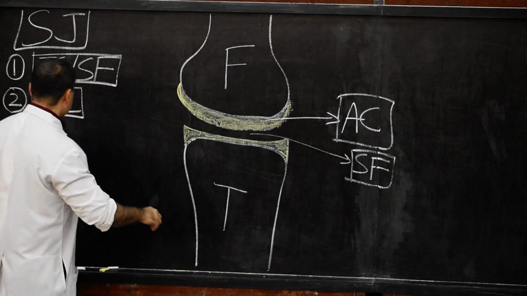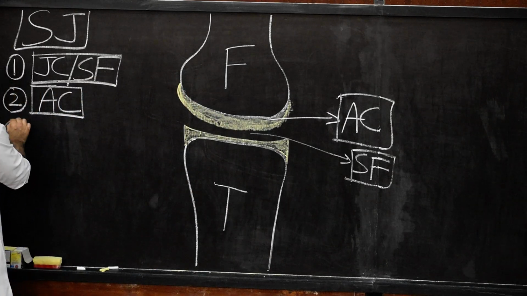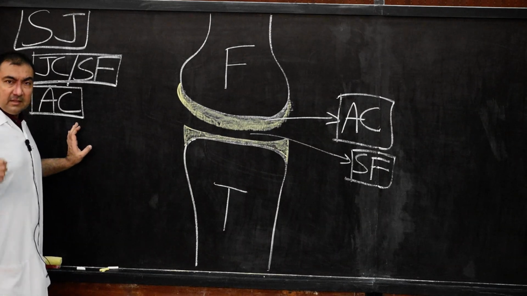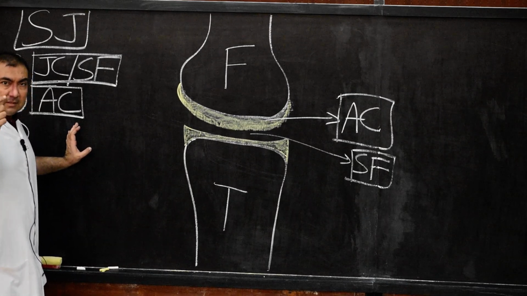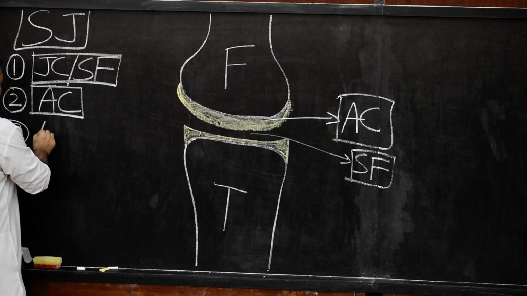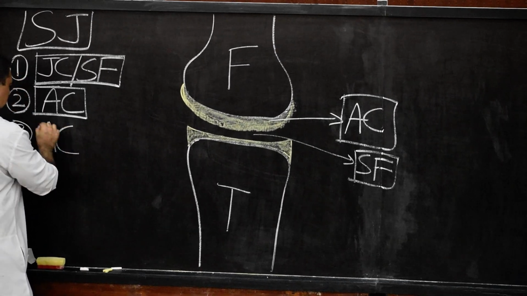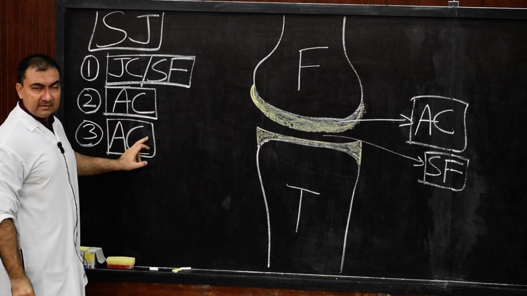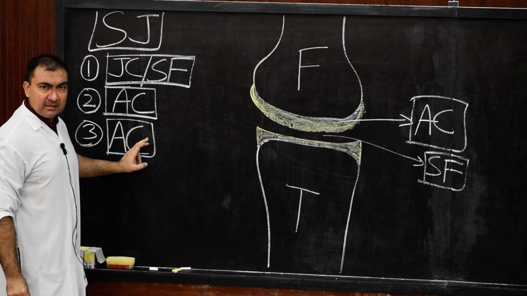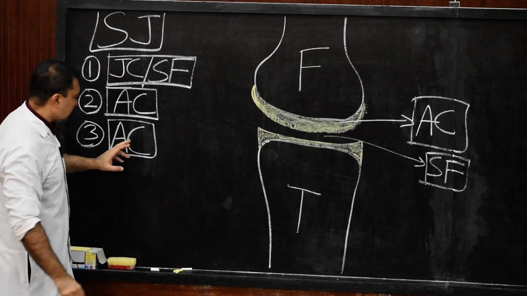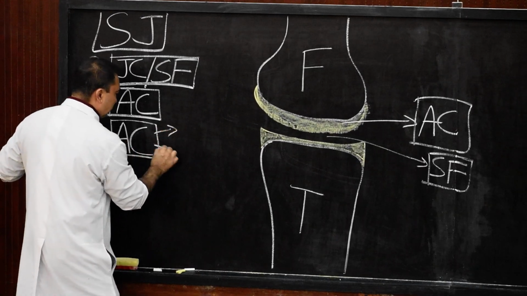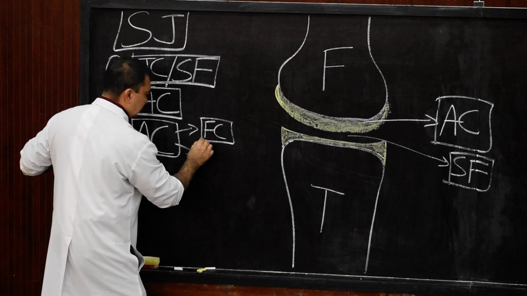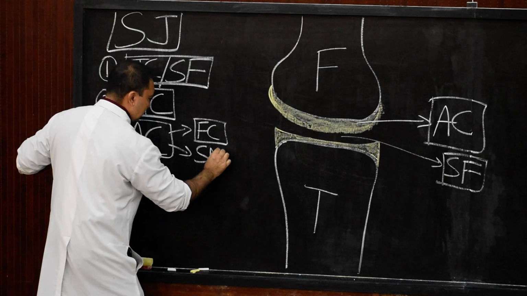Now the third characteristic feature: the entire synovial joint is covered by the articular capsule. Please note down, this is the articular cartilage, and this is the articular capsule. The capsule is divided into two parts, the outer fibrous capsule and the inner synovial membrane.